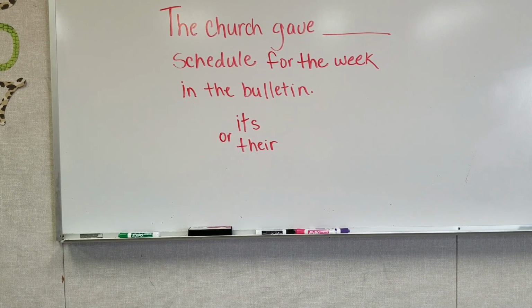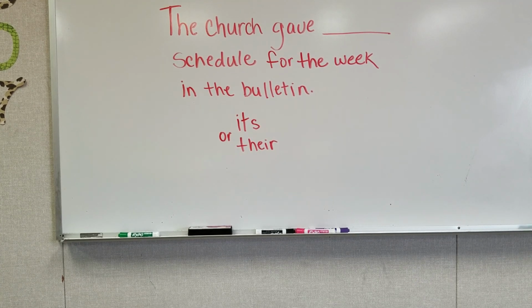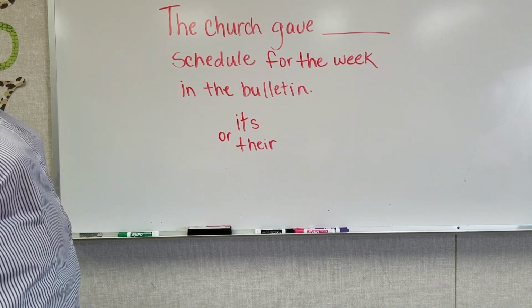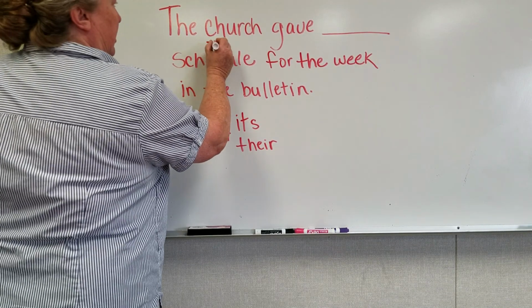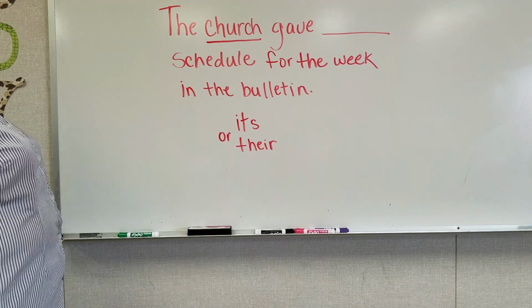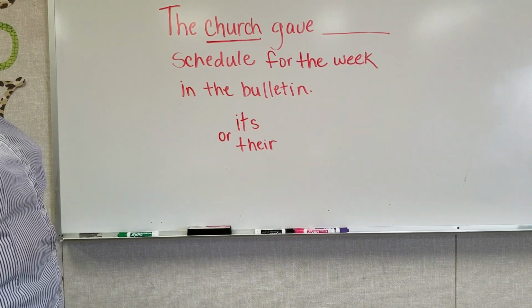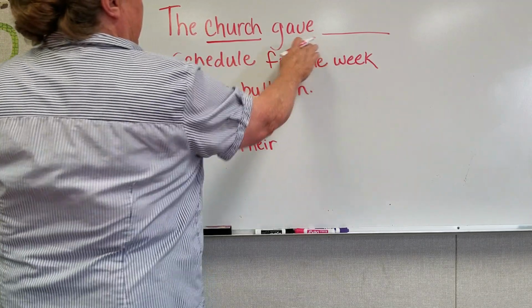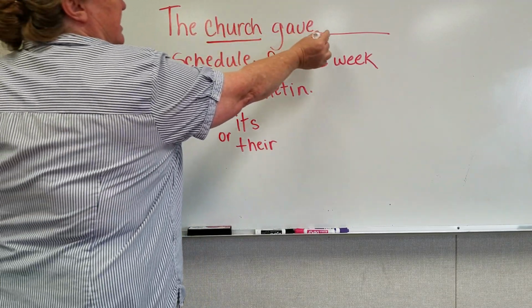Remember a while ago we talked about collective nouns, that they refer to a group. Here we have an example of a collective noun, church. We have to give it a pronoun here because it's the antecedent for this pronoun.